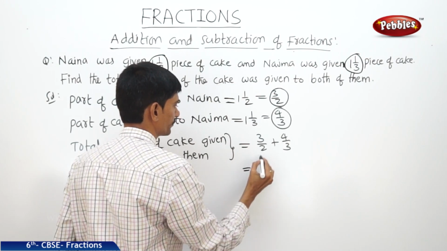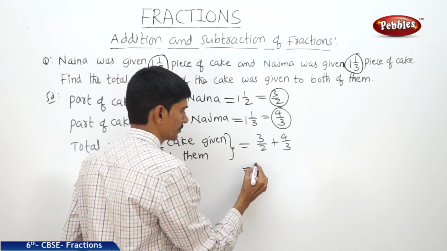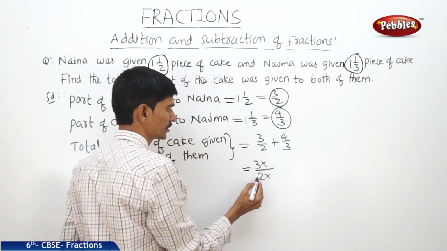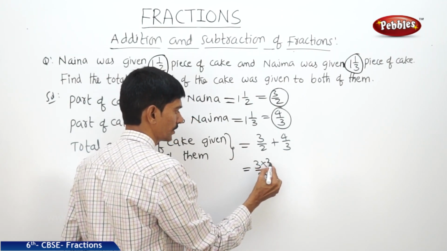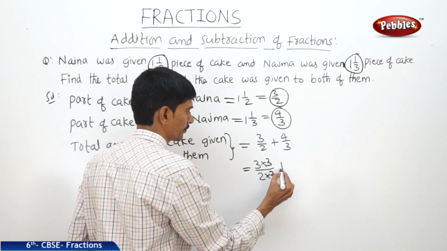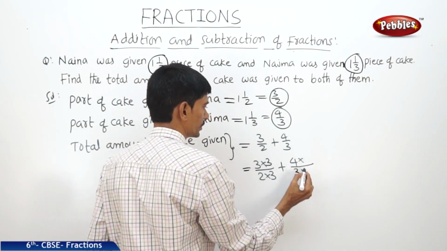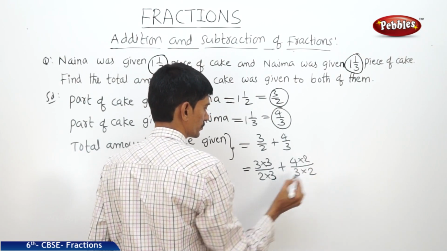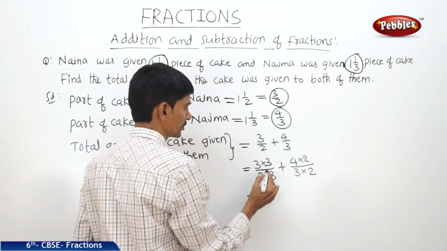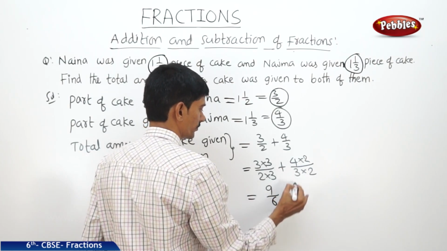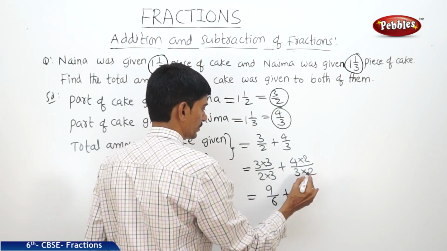Now the LCM of 2 and 3 is 6. So 3/2 into 3/3, plus 4/3 into 2/2. Now 3 threes are 9, 2 threes are 6, plus 4 twos are 8, 3 twos are 6.